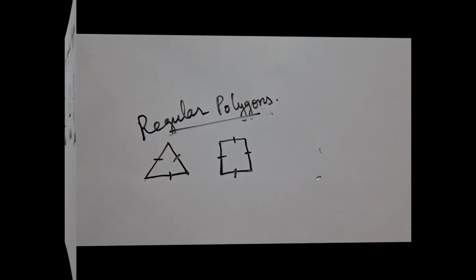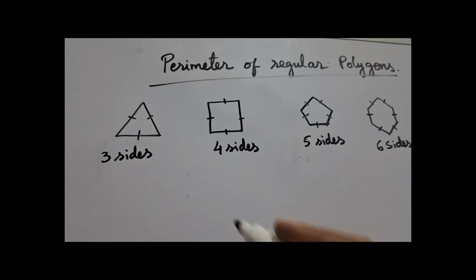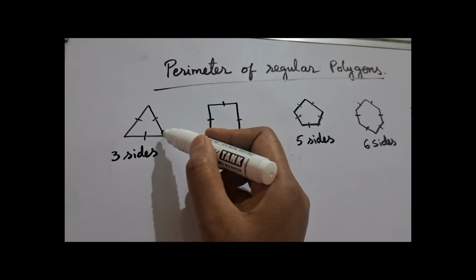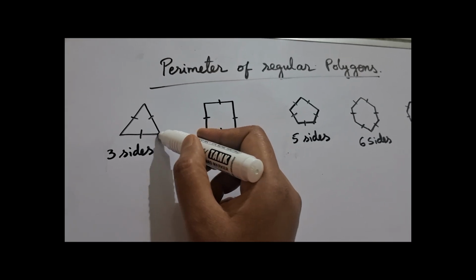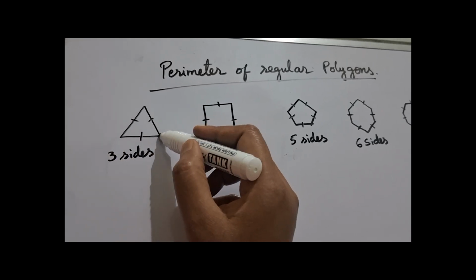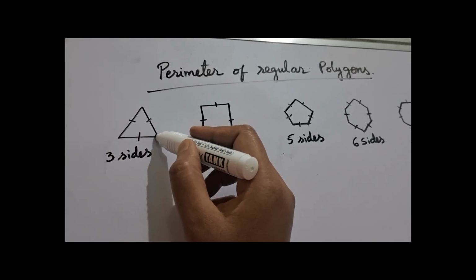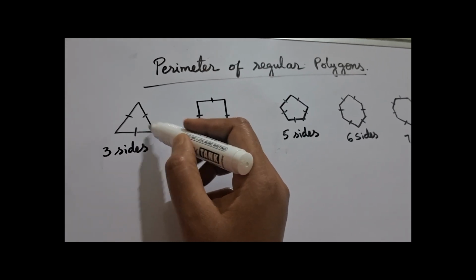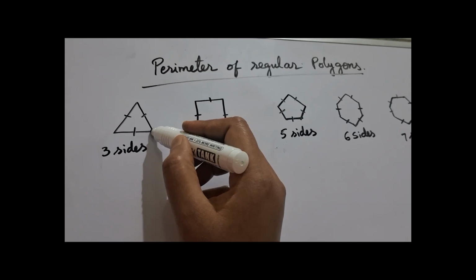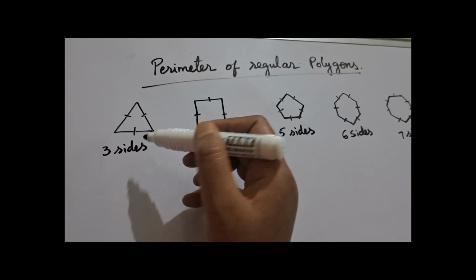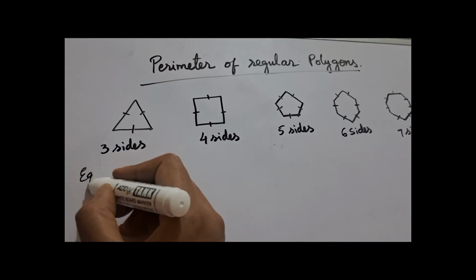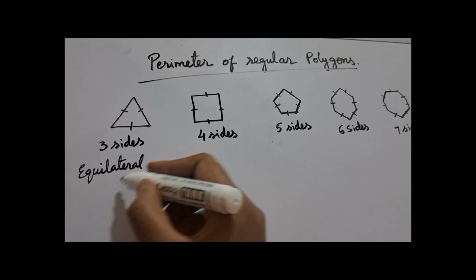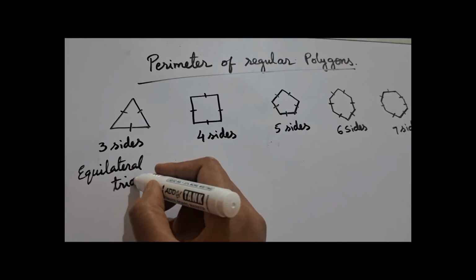Okay children. Now coming to this polygon, it is a regular polygon because all the sides are same. And this regular polygon which is having 3 sides, that is equilateral triangle.